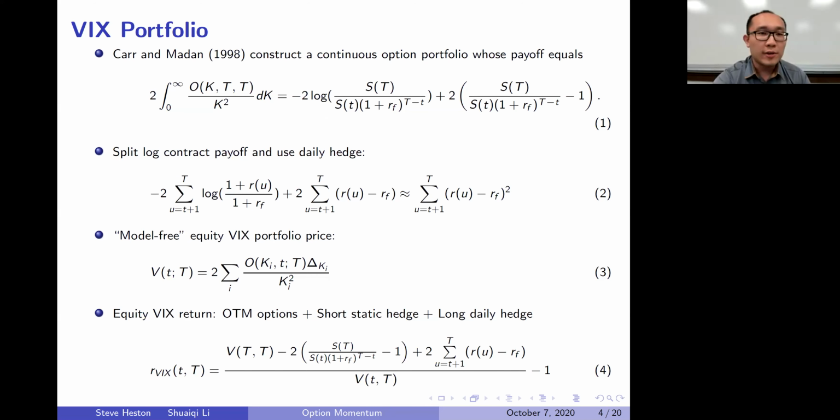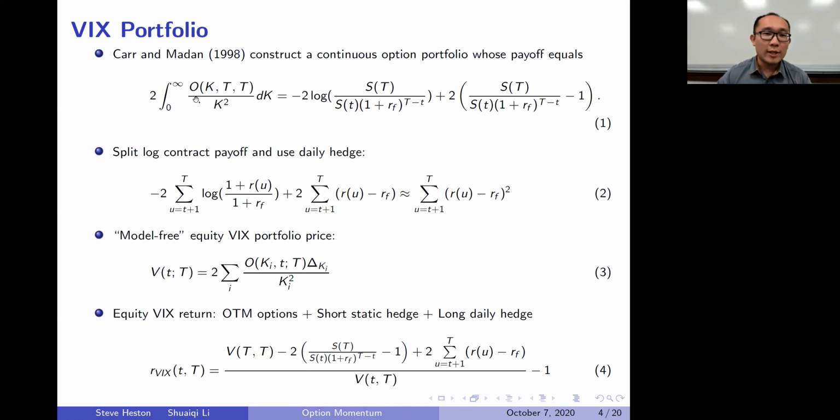The starting point is the Carr and Madan 98 paper. In that paper, they construct a continuous option portfolio, which is the left-hand side in equation 1. The O in the numerator is the option price at strike price K, and each option in the portfolio has a weight of 2 over the squared strike price.